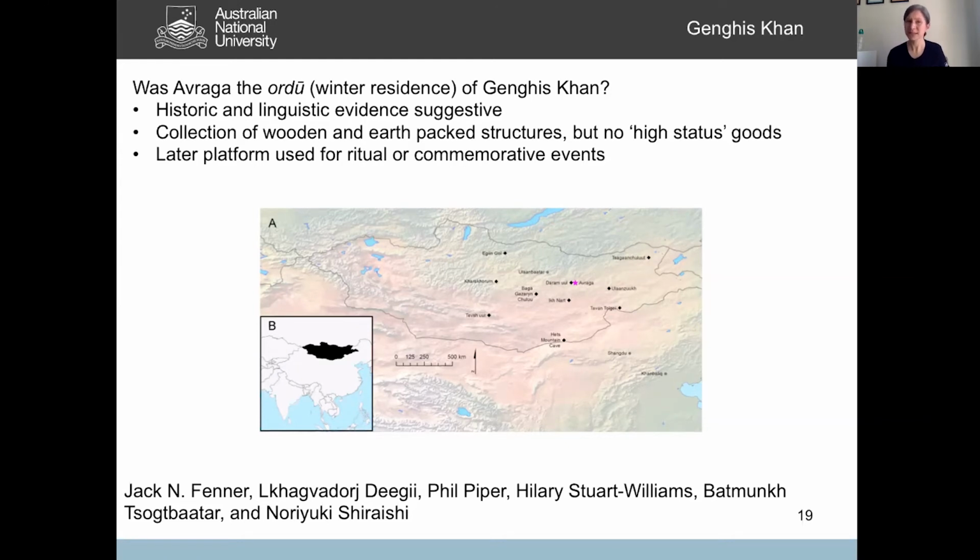But it's quite an interesting site. It consists of the remains of wooden and earth-packed structures. Now, this is quite unusual. You've probably seen pictures of yurts, the traditional nomadic tents. They're very substantial tents, but tents of the nomads in Mongolia.